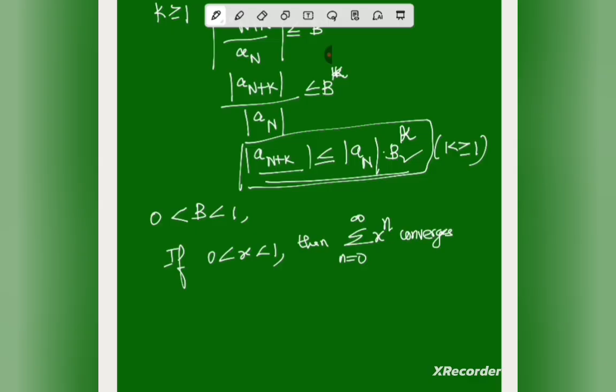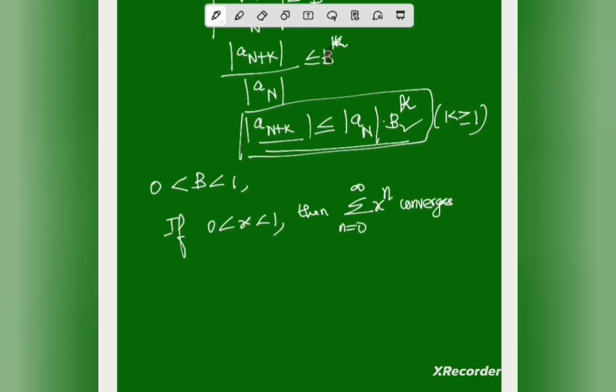It converges to some value, but I want only the convergence. Similarly, since b lies between 0 and 1, I can say that summation k equal to 0 to infinity b power k converges.